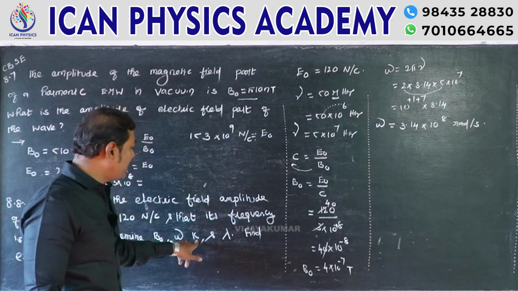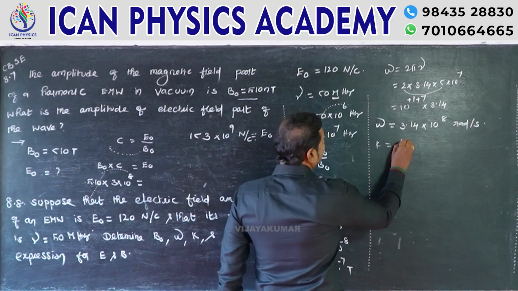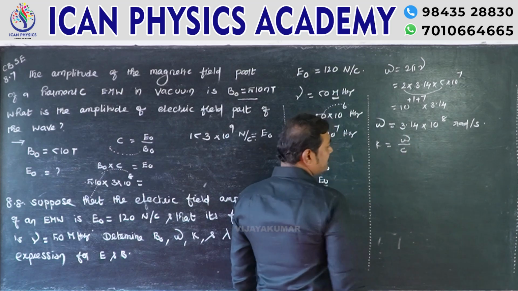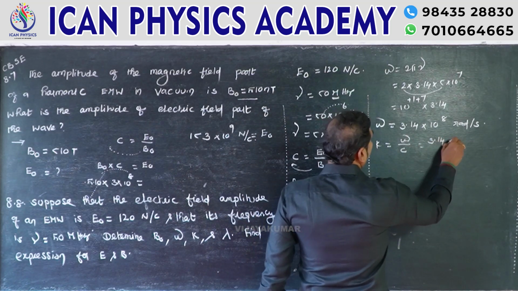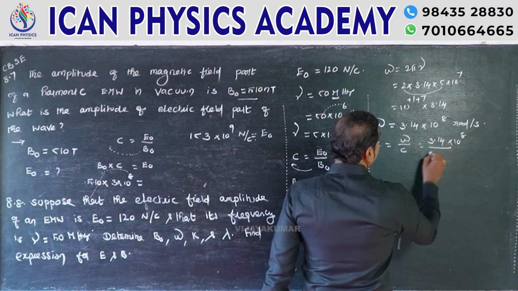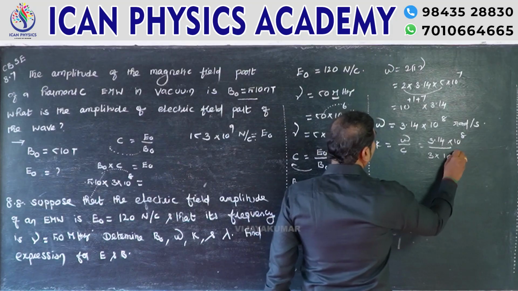Next we are going to calculate K. What is the formula to calculate K? K equals omega by C. So omega, 3.14 into 10 to the power 8, divided by C, that is 3 into 10 to the power 8.